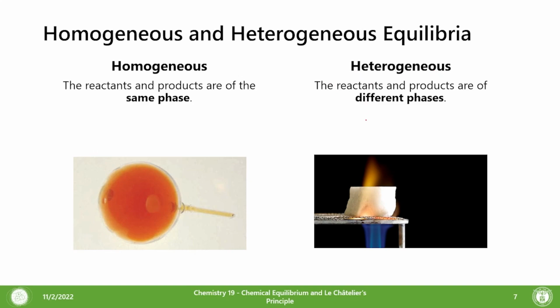So for example, we have an equilibrium between a solid product and gas reactants, or the opposite, you have a solid reactant and products that are gaseous. And if possible, those two form a reaction that is reversible.